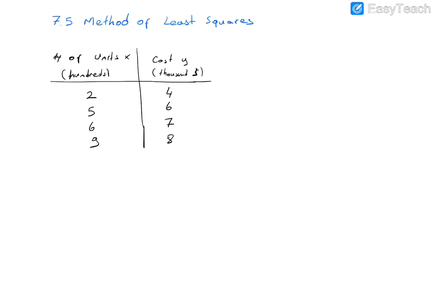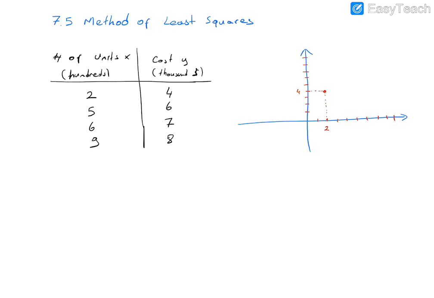So we can plot these points on the Cartesian coordinate system easily. For x equals 1, 2, 3, 4, 5, 6, 7, 8, 9. For x equals 2, y is 4. This is our first point.